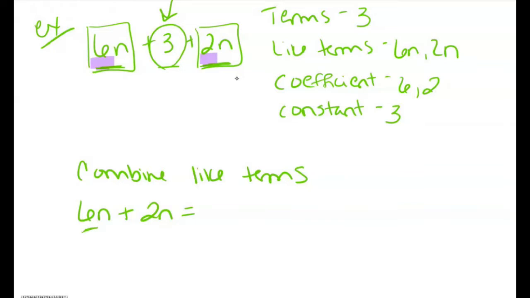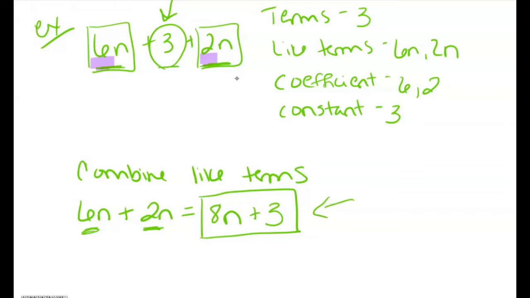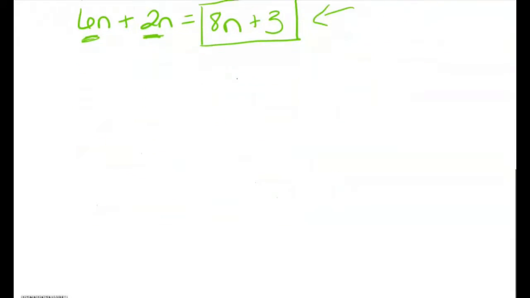So if I have 6 n's and 2 n's together, I have 8 n's. And then we still had that plus 3 because he didn't have a partner, but he still has to hang around. We can't leave him behind. So in order to simplify this expression, I combined like terms and created a new expression here, 8n plus 3. All right, hang with me. We're going to do several more here.